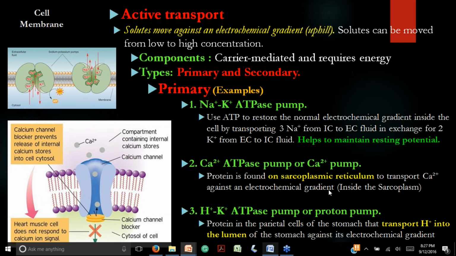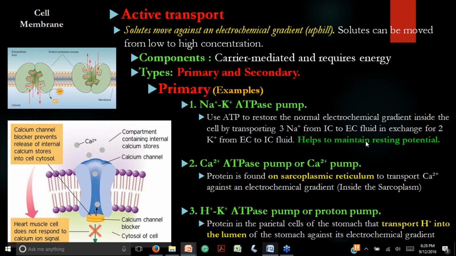Mostly, the most common and most widespread pump in the whole body, and probably the most important, is the sodium-potassium pump. What is the sodium-potassium pump doing at the end? What it is trying to do is keep the electrochemical gradient, and that is going to help maintain the resting potential.